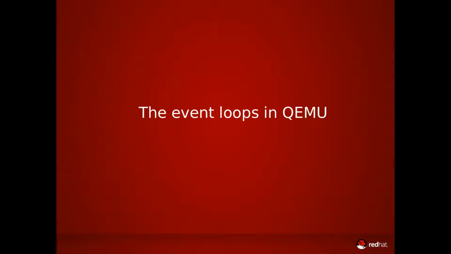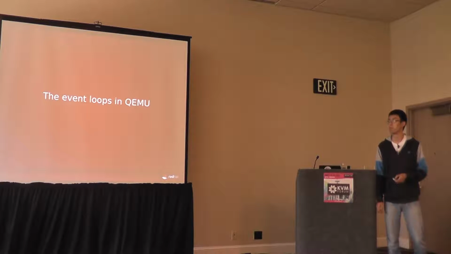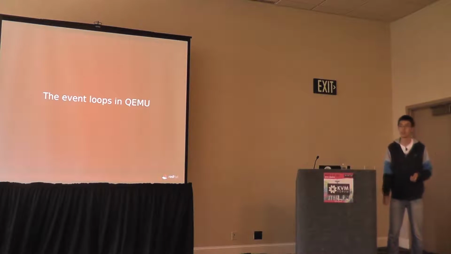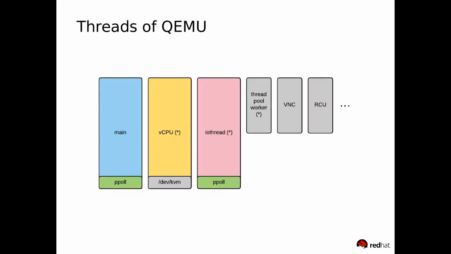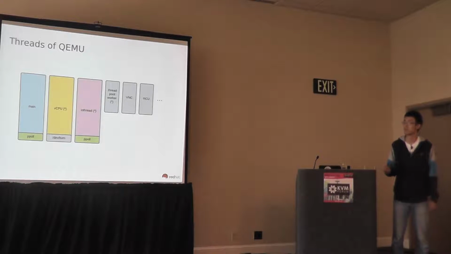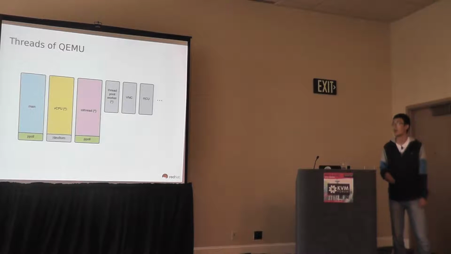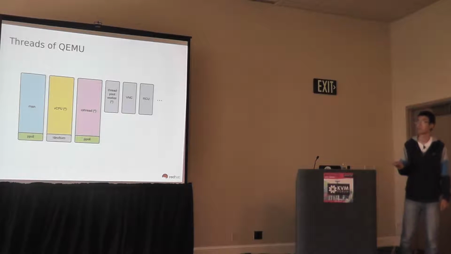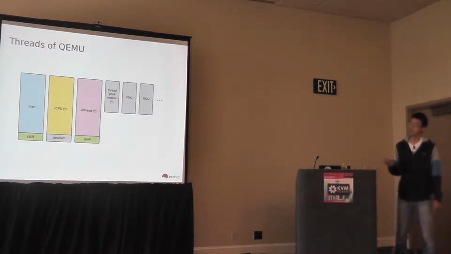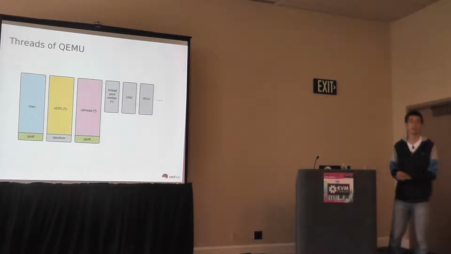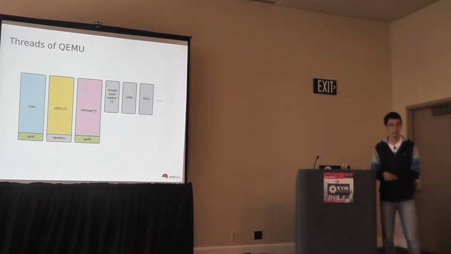So QEMU is an event-based program. That basically means you have a loop that dispatches events. And for now, we have several. We started from the main loop, which dispatches file descriptor events. And later, we added more threads into the program. vCPU threads were added when KVM is enabled, and they are responsible for running the guest code.